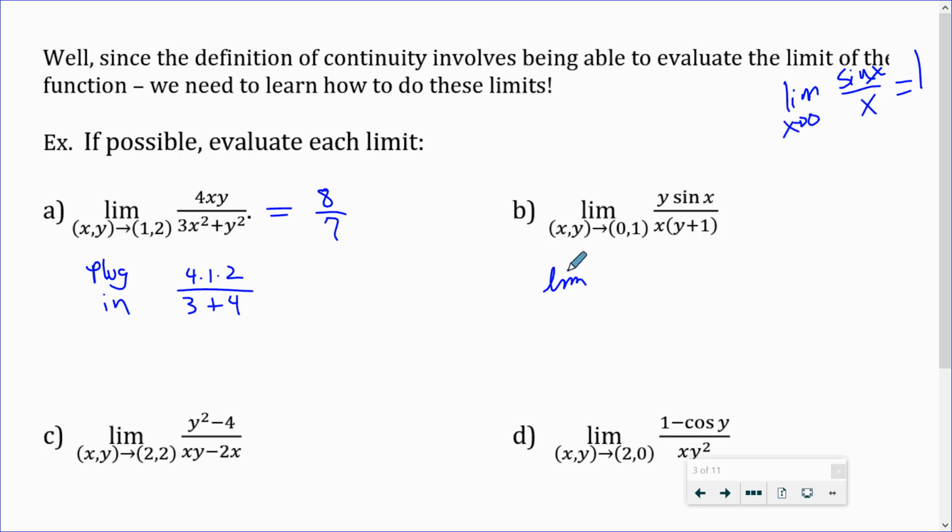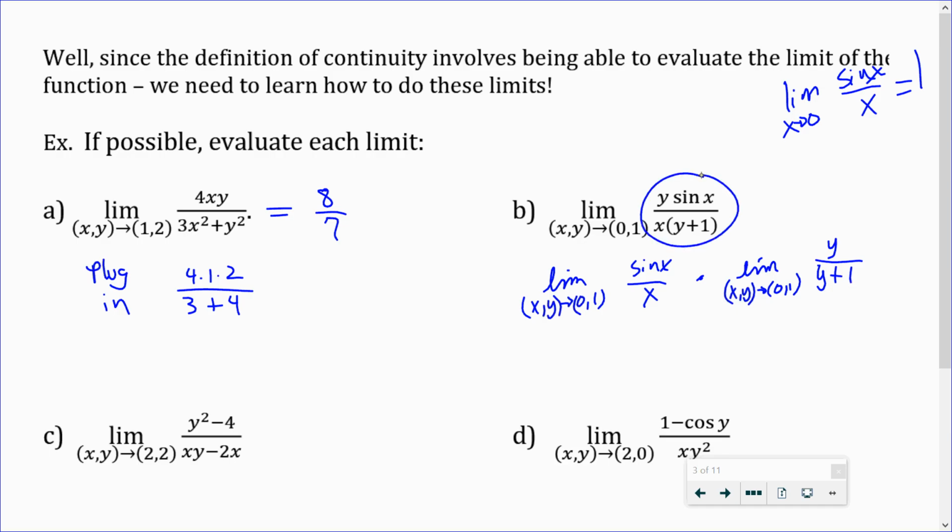Let's do my limit as x, y goes to 0, 1, and pull apart the sine x over x, times another limit as x, y goes to 0, 1, and I could just leave the y over y plus 1. So this is the same problem. I'm just separating it into two things. You see how this problem is separable like that, with multiplication.